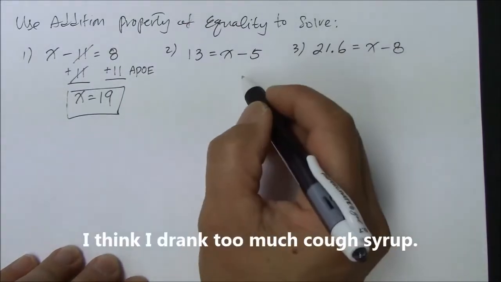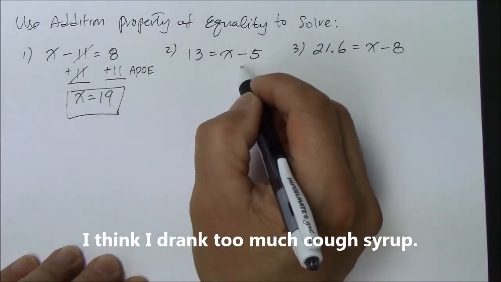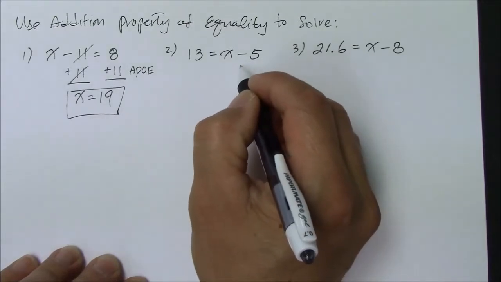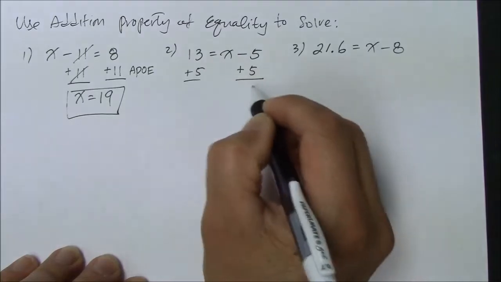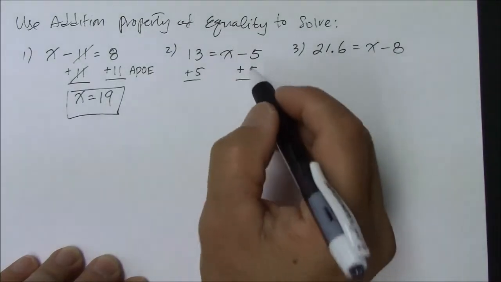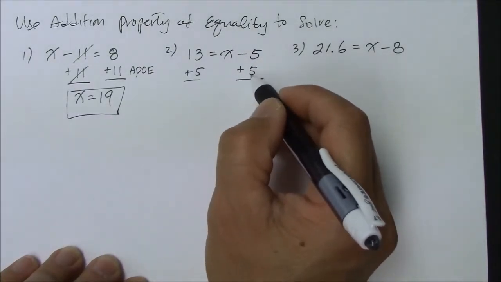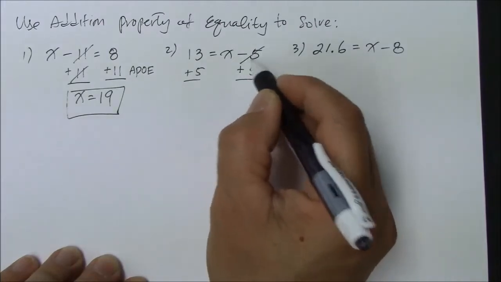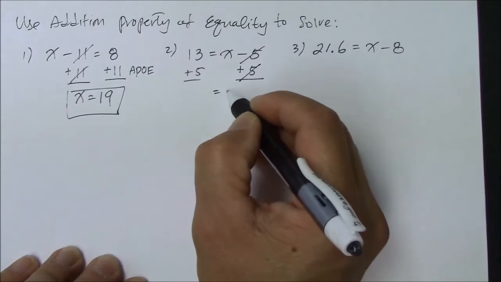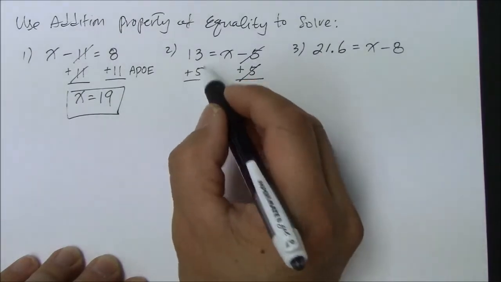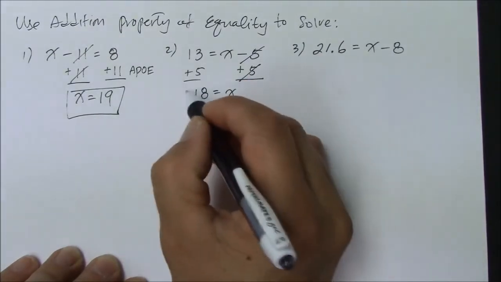To show that algebraically, you're going to do the opposite of minus 5, which is plus 5, to both sides of the equation. So these two are opposites, additive inverses of each other, and they become 0. All that remains on the right side of the equation is x. On the left side, 13 plus 5 is 18.